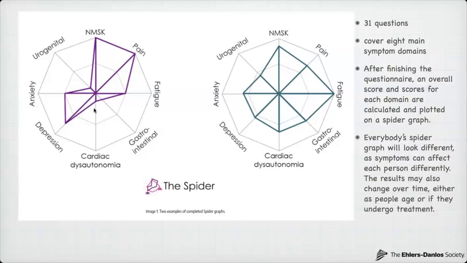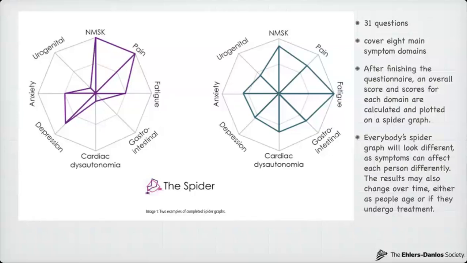And you can see how one person looks quite different from another, because person A presents with minimal cardiac issues and minimal gut health problems, and the other person presents with primary fatigue, primary gut issues, and cardiac dysautonomia. So as I mentioned, everybody's spider graph looks different, as symptoms can affect each person differently, but the results may also change over time.